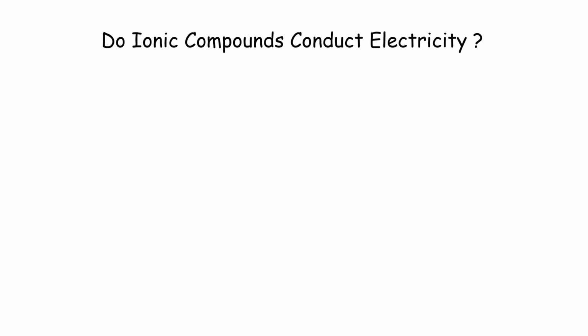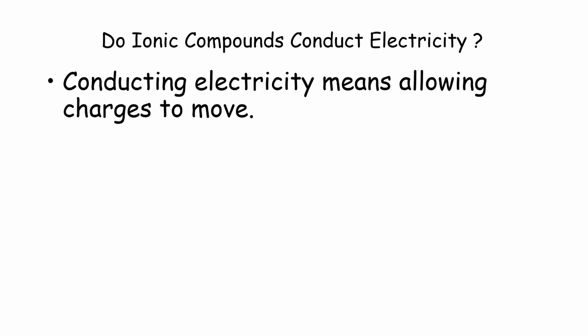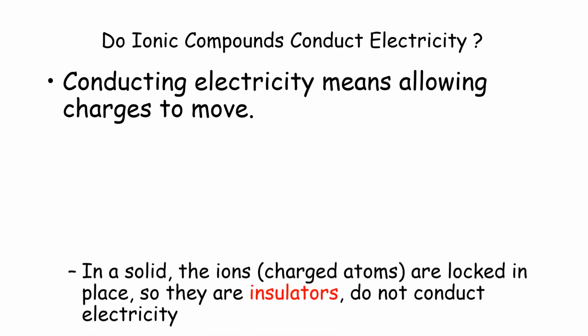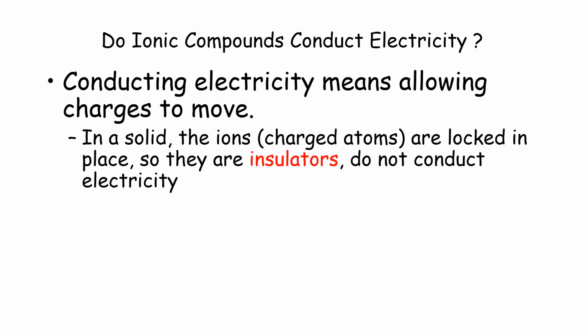And then finally, do they conduct electricity? That's a very important concept when it comes to bonding. Remember, whenever we talk about conductivity, that means we are allowing the charges or electrons to move. When ionic compounds are in their solid state, the ions are locked together because they are so strongly bonded, so they cannot conduct electricity in the solid state.